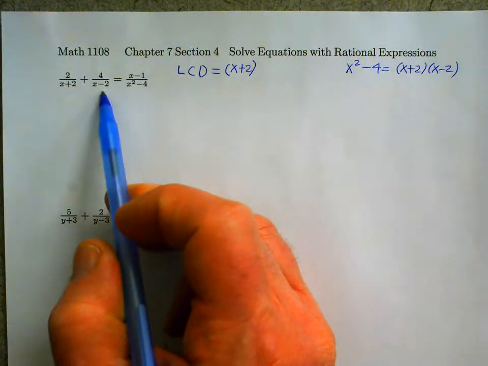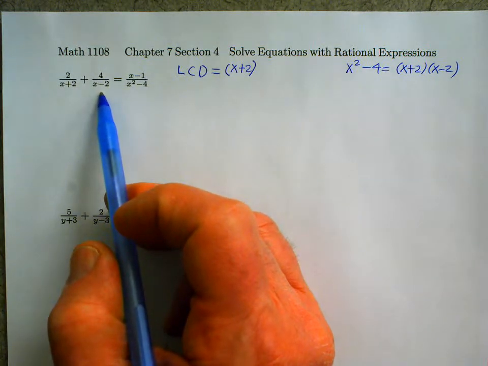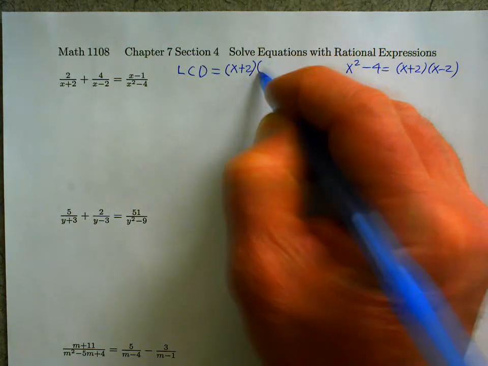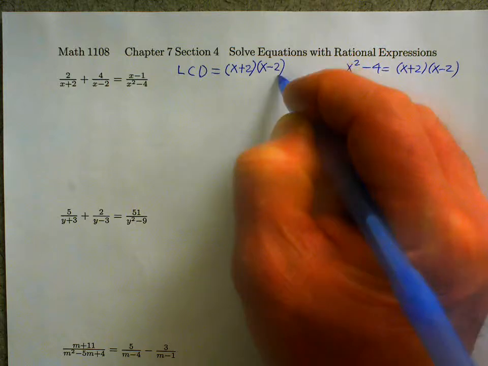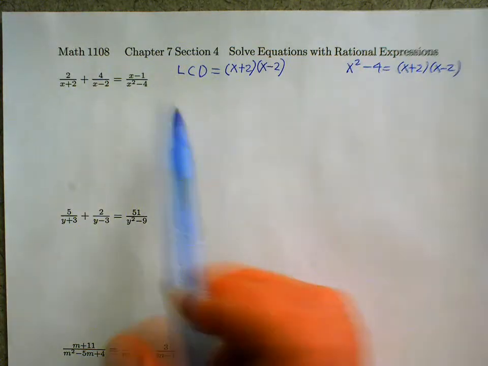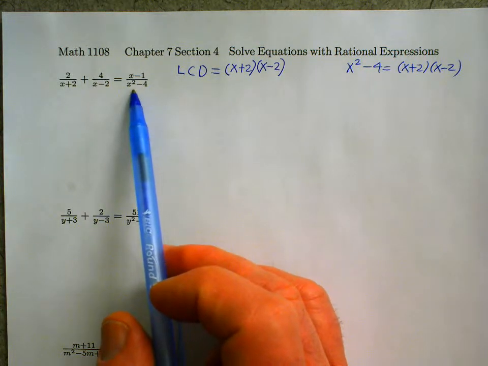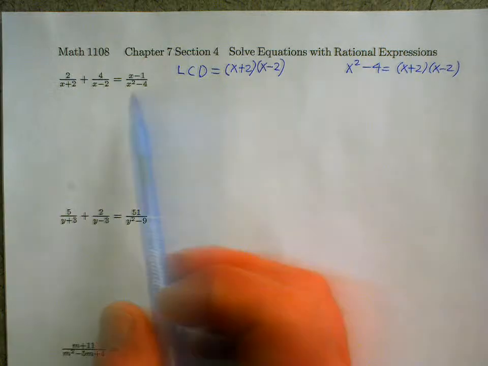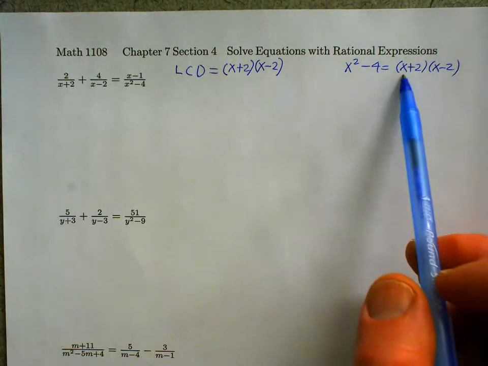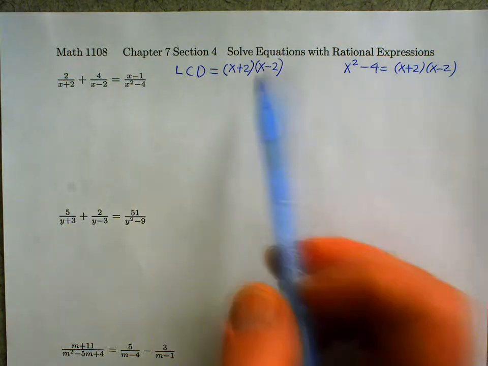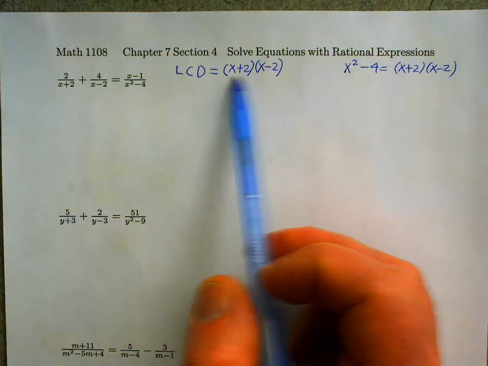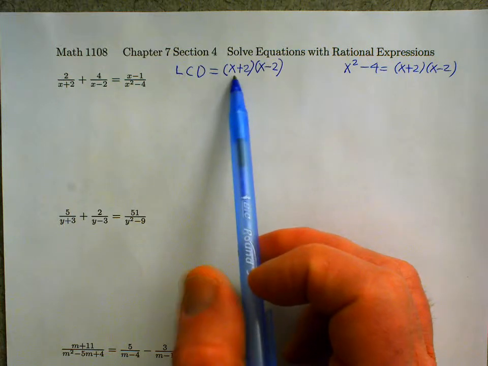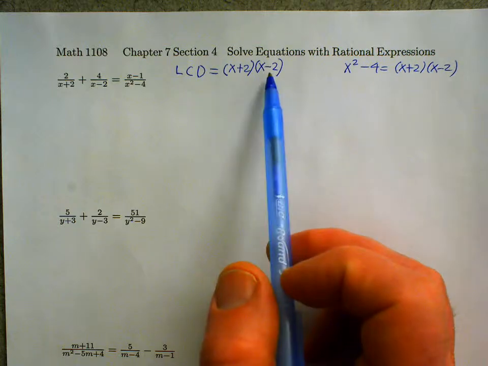The second fraction has a denominator of x minus 2, so the least common denominator has to have a factor of x minus 2. The third denominator, x squared minus 4, in factored form, is x plus 2 times x minus 2. So we don't need any more factors. The least common denominator is x plus 2 times x minus 2.